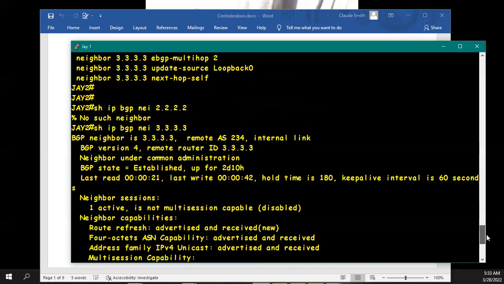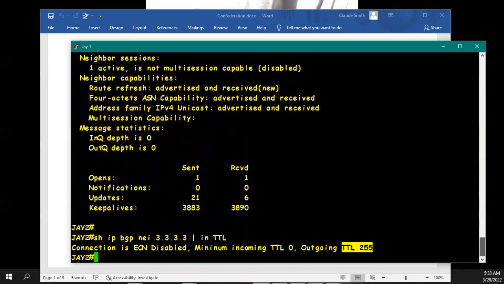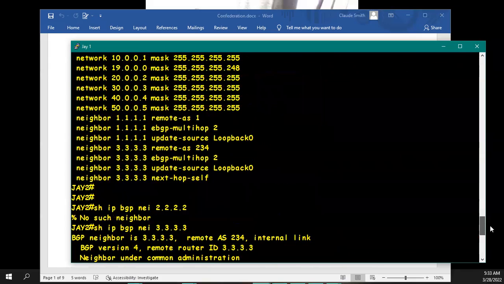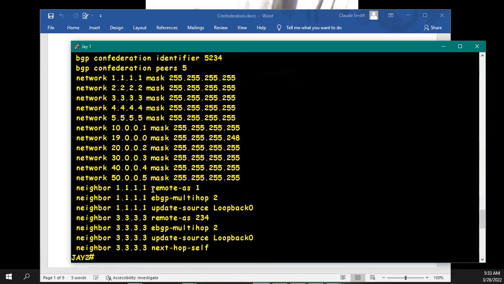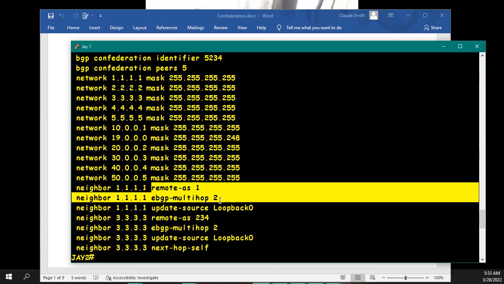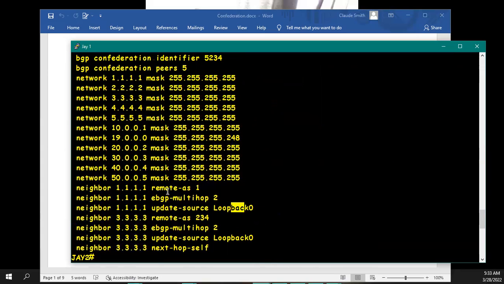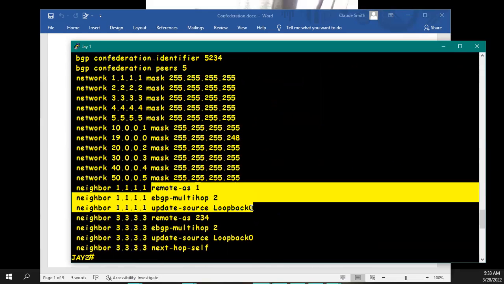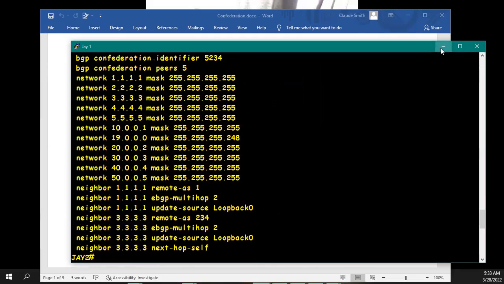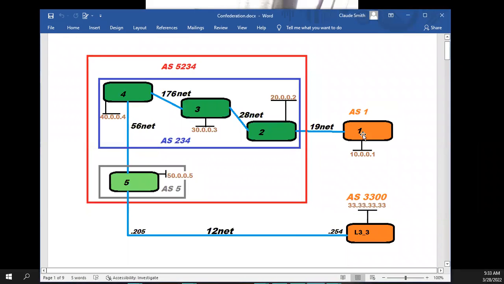Now the thing is, when we're dealing with loopbacks, especially when it comes to external, that's what we really want to focus on. So on an external router, let me see router number 1, and you'll see the difference here.